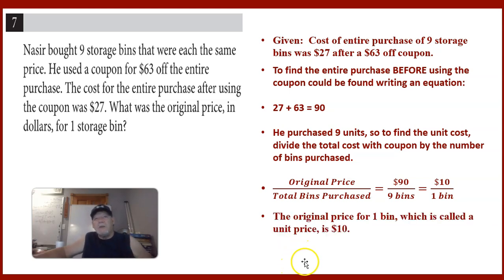So the original price was $10. Now he paid $3 per bin, but he got $7 off. And you could also come up with that result just from the information given. Hopefully you're able to get that one right.